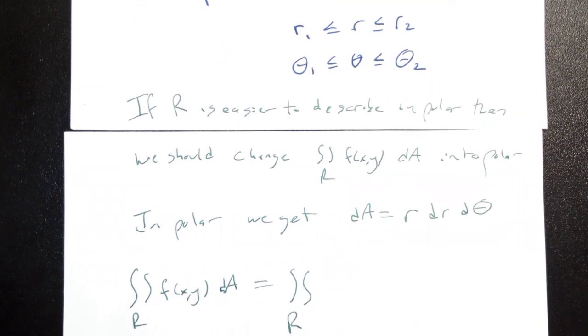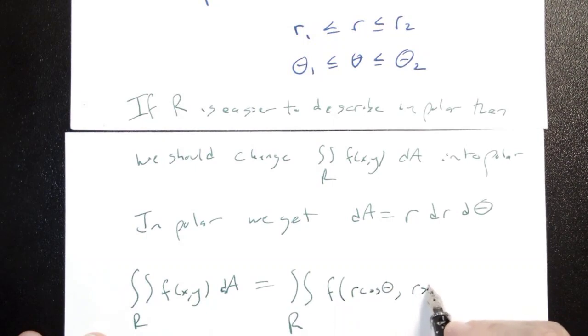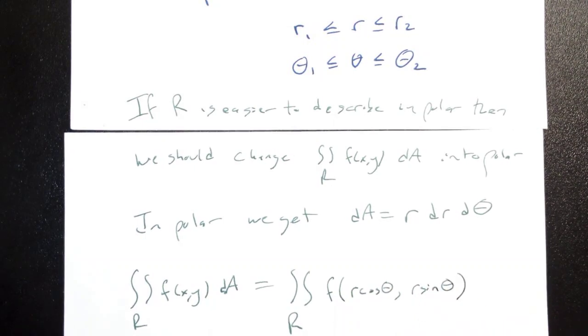Wait a minute. I have to change x and y to r and theta. I have a formula for that. What changes from x and y to r and theta? And then for dA, I get that extra r.